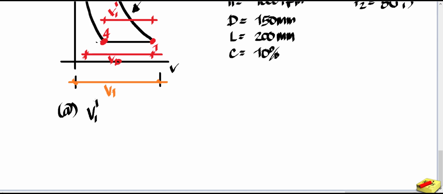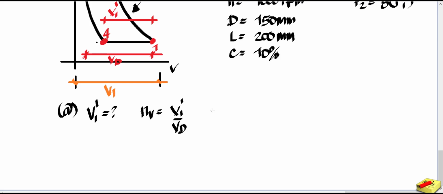From the arrangement, we can still remember that from our volumetric efficiency, it is equal now to your V1 prime divided by the volume displaced, the volume being displaced by the compressor.